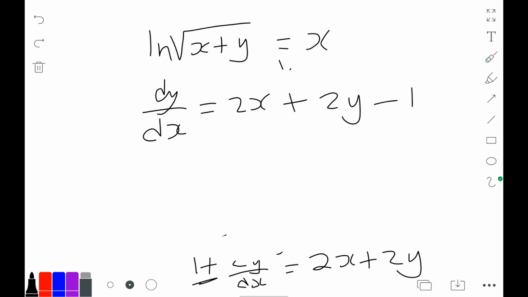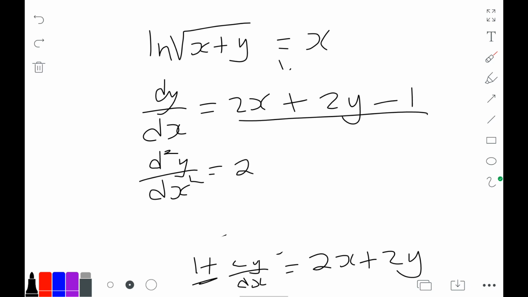Now I want to find d squared y over dx squared, so I will differentiate this equation. It is going to be 2 plus 2 dy over dx. When you differentiate y, it becomes dy over dx.